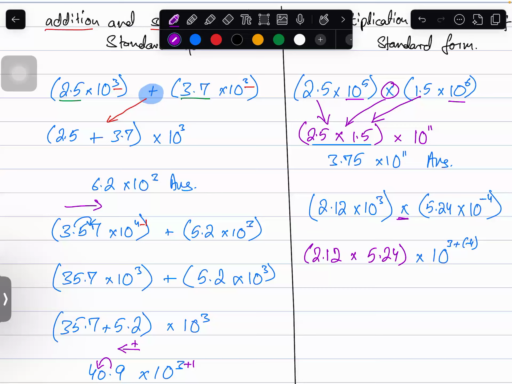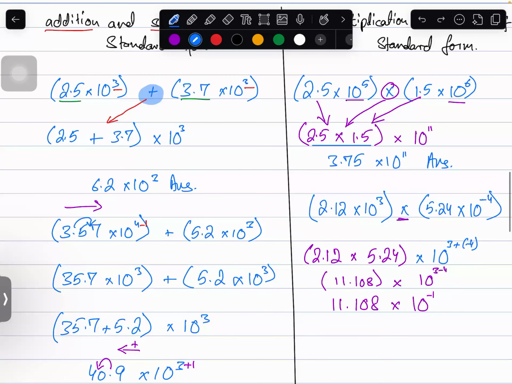We will have 11.108. But over here, we will have 10 power 3 minus 4, which is going to give us 11.108 multiplied by 10 power negative 1, because 3 minus 4 is going to give us negative 1.